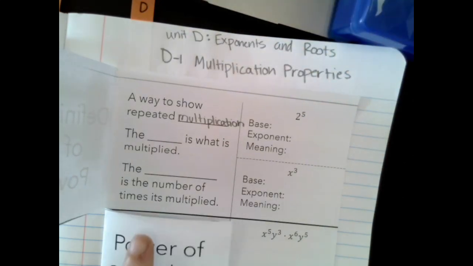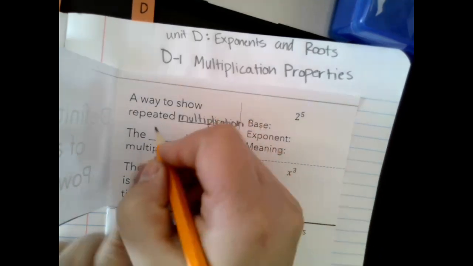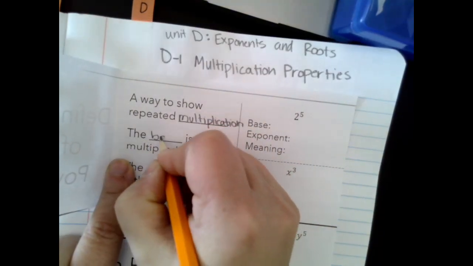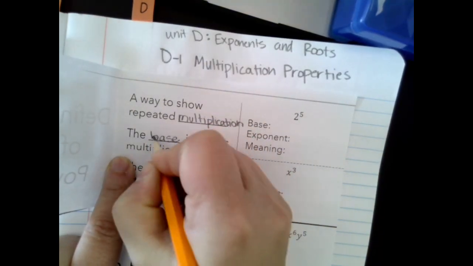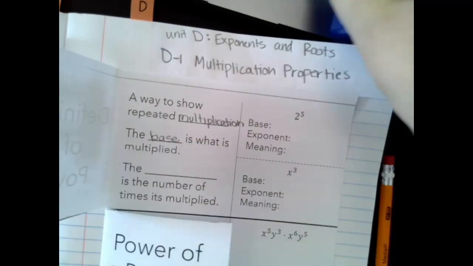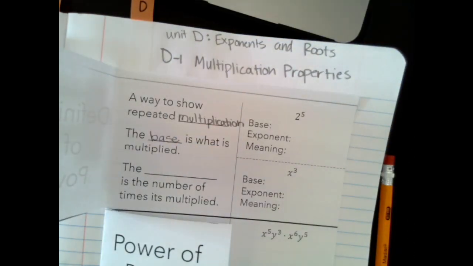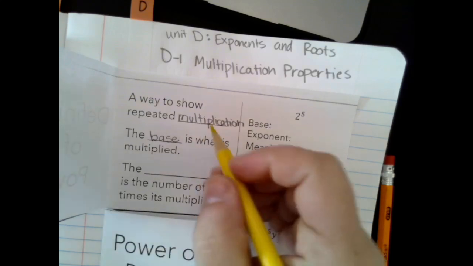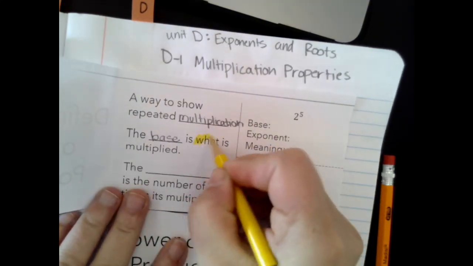Okay, so as we do this, the base is what is being multiplied. I'm going to use yellow for bases today. So that's our what is being multiplied.